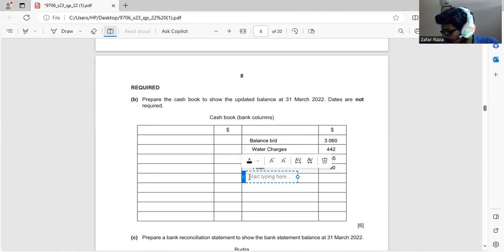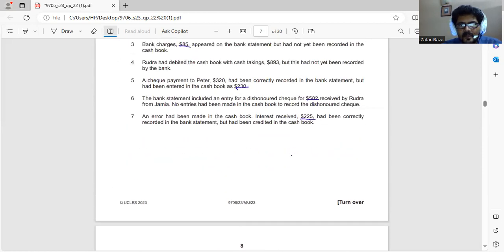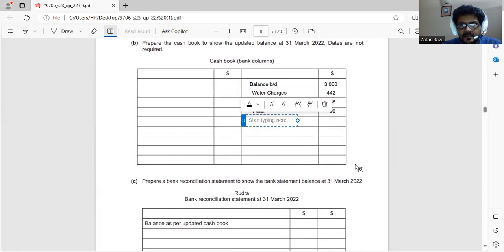Then we have to record 582. This on a check of Rudra. No, Jamia. Jamia. Okay. Rudra is the owner of this bank reconciliation. Jamia, and we have 582.